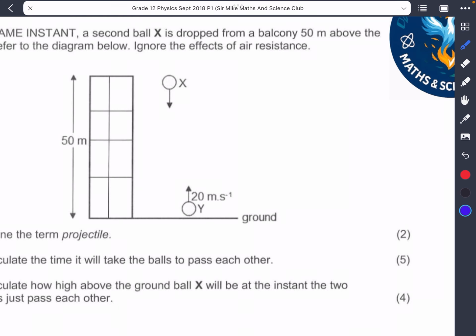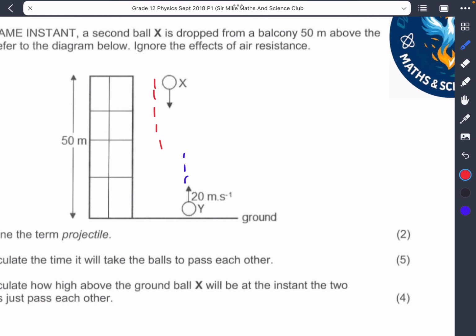While ball Y was traveling upwards, going upwards, ball X was also dropped. So ball X was traveling downwards.